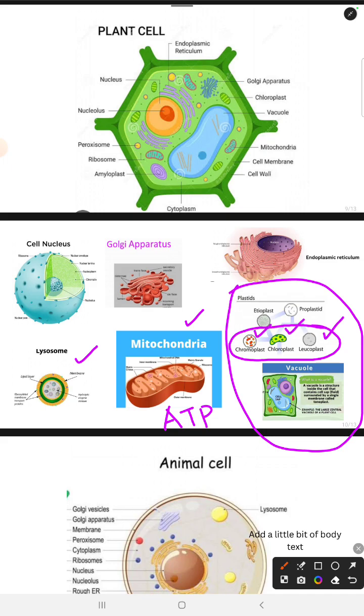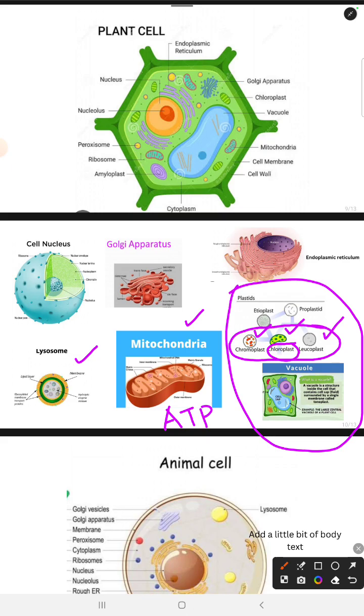All the colorful pigments present in the plants are taken care of by the chromoplast. The green colored chlorophyll-containing pigment which helps in photosynthesis is carried by the chloroplast. Then the leucoplast is that part of the plastid which has colorless or white colored content, especially the food content of the cell.